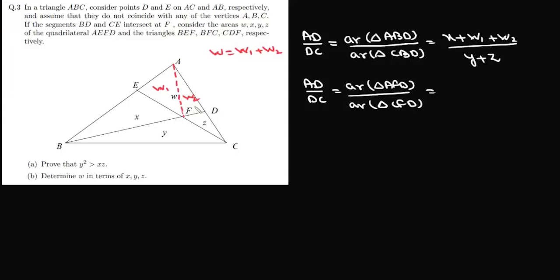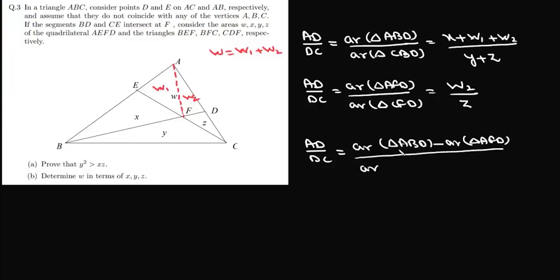Now area of triangle AFD is W2, and area of triangle CFD is Z. Now using the properties of ratio and proportion, we can write AD upon DC as equal to area of triangle ABD minus area of triangle AFD, upon area of triangle CBD minus area of triangle CFD.